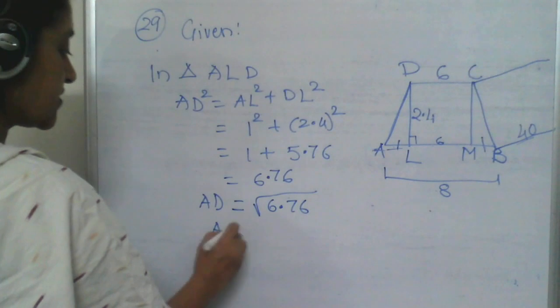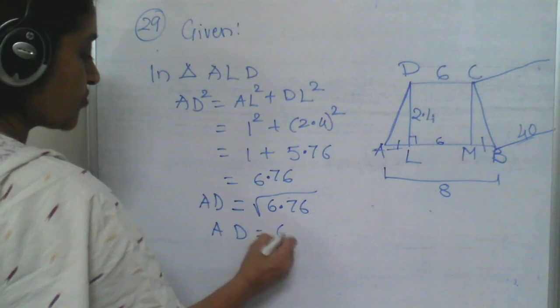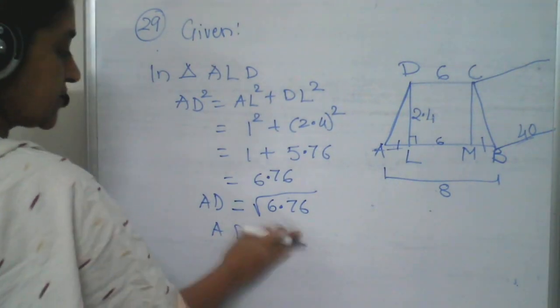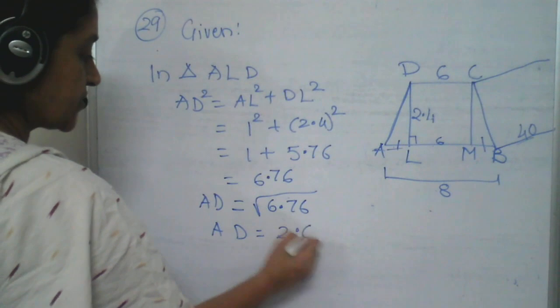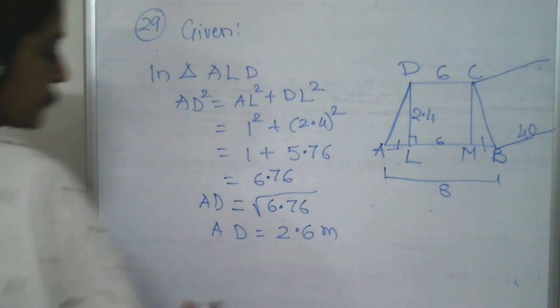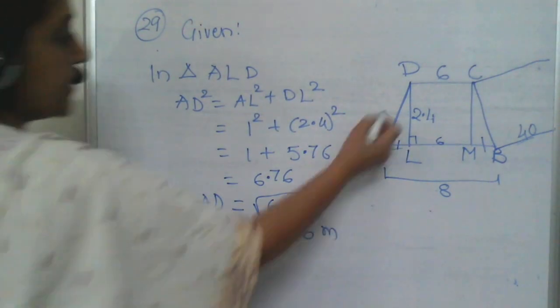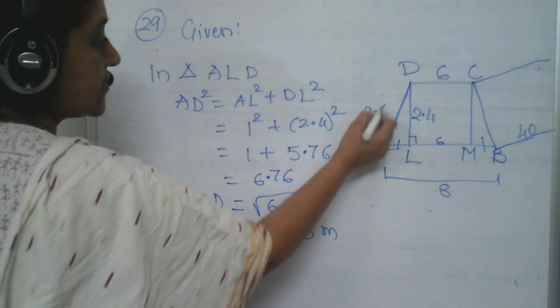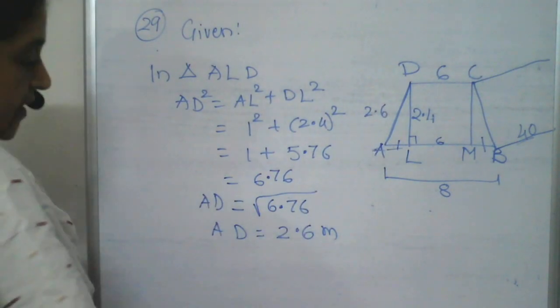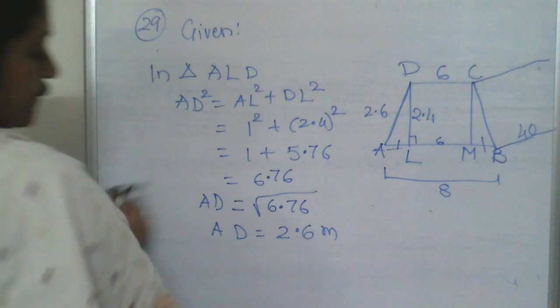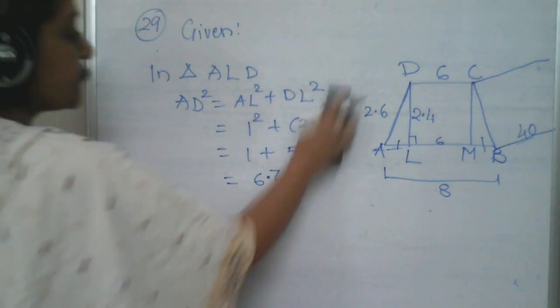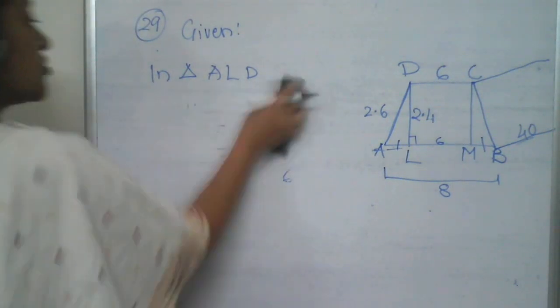So AD is equal to 2.6 meter. Okay, once we get AD, I will write it here for our reference, AD 2.6. After this, we are supposed to find the area to be painted.